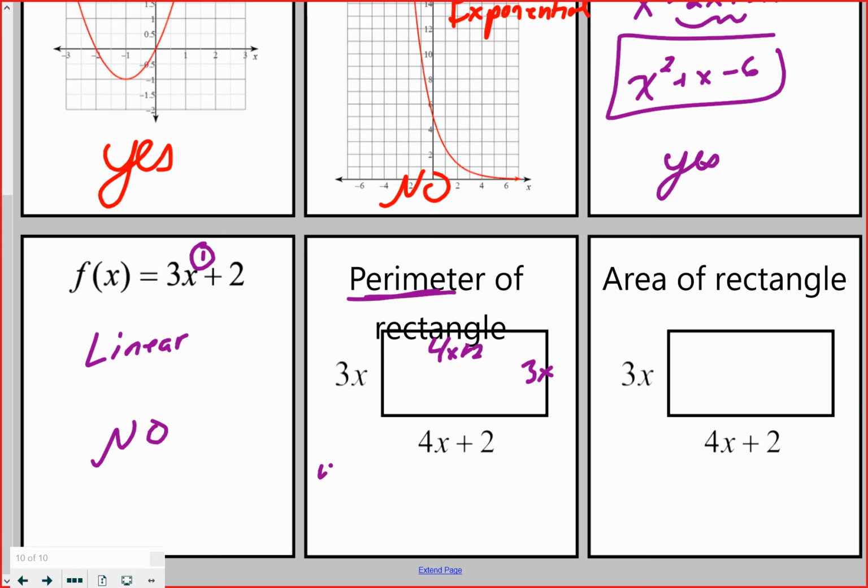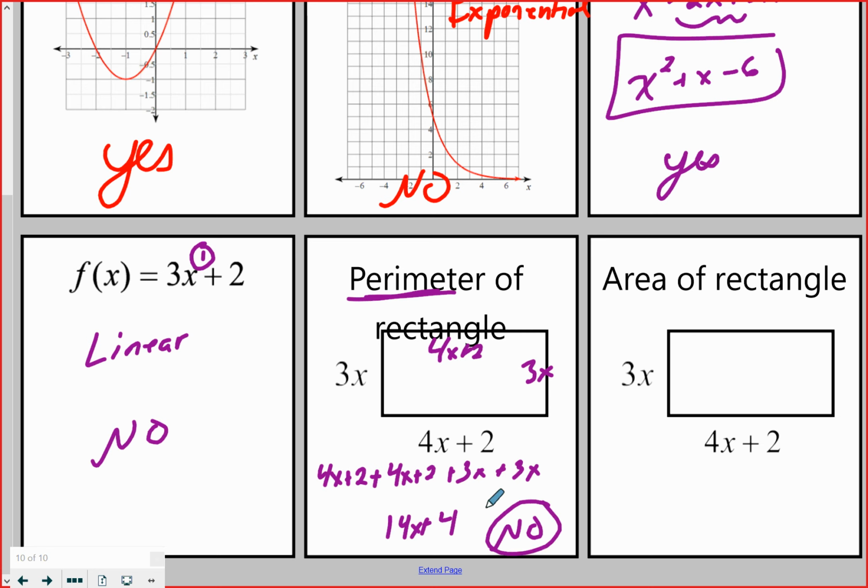So this just becomes 4x plus 2 plus 4x plus 2 plus 3x plus 3x. If I do that, that just becomes 14x plus 4. This looks very similar to what I just did from the previous example. It's a linear function. So therefore, this is not a quadratic.